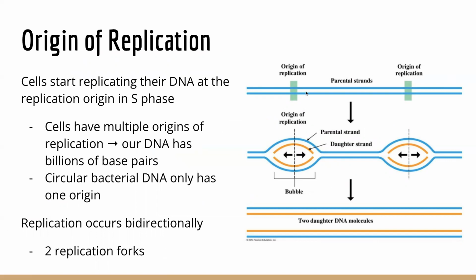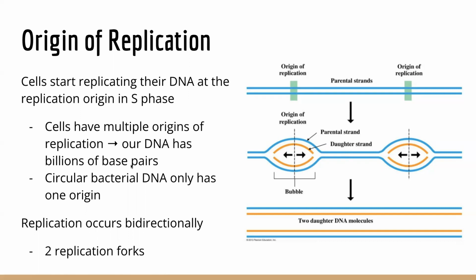Each one is going to have a bubble open up where helicase is going to open the DNA in both directions. Eventually these bubbles are going to meet each other, and at that point they'll become two separate strands. Since there's billions of base pairs, you can't just have one origin of replication. It would take way too long.